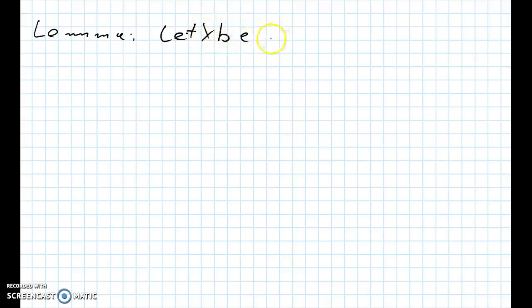We continue our study of neighborhoods of 0 in topological vector spaces. And we prove the following lemma. Let X be a topological vector space, just like in the last lecture.